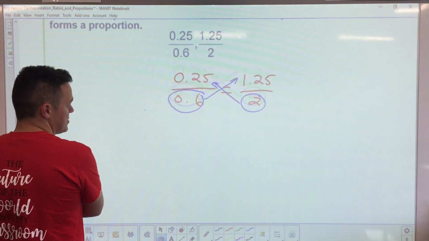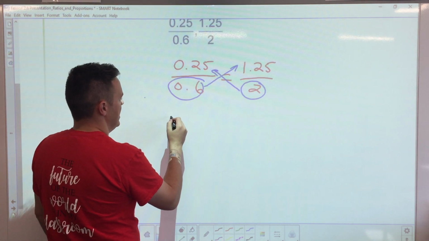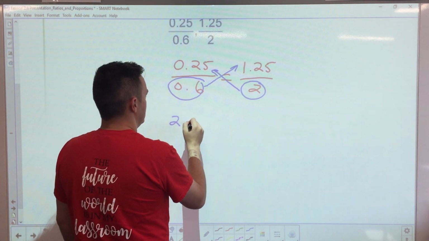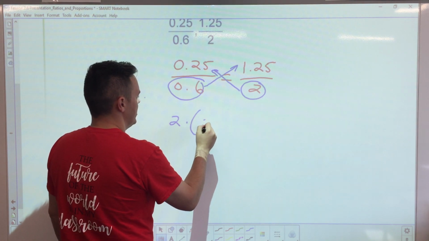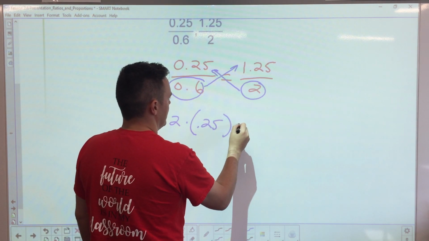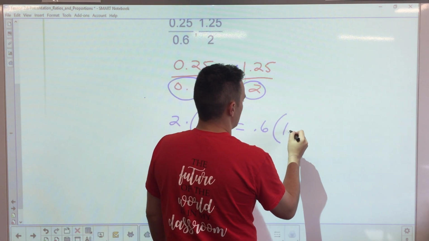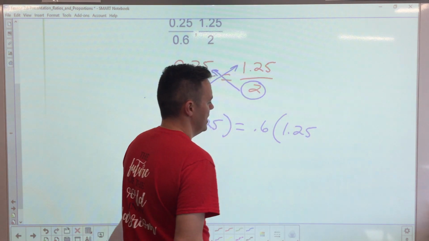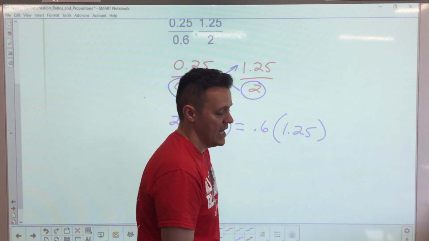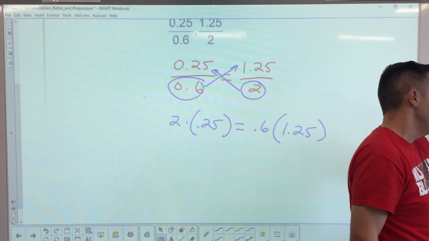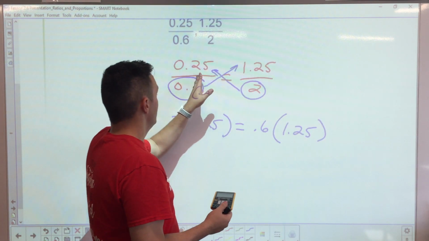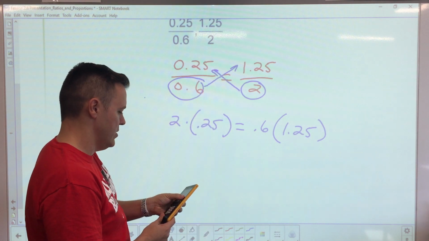All right, so when you cross multiply, you're basically saying 2 times 0.25 equals, and then this would be 0.6 times 1.25. Now, what you do in this case is, let me grab my calculator, and you're seeing if these two numbers are the same, if the ratio is the same.